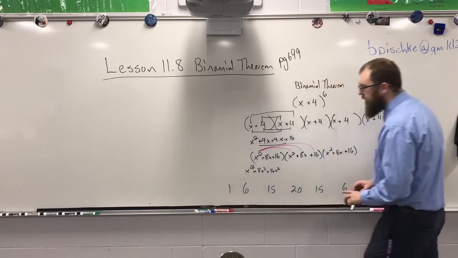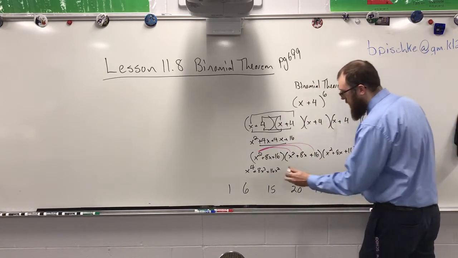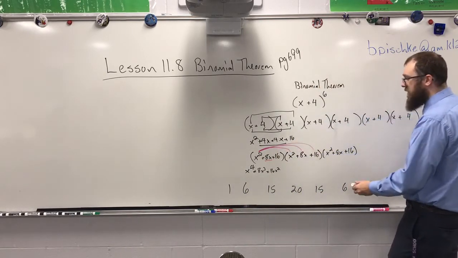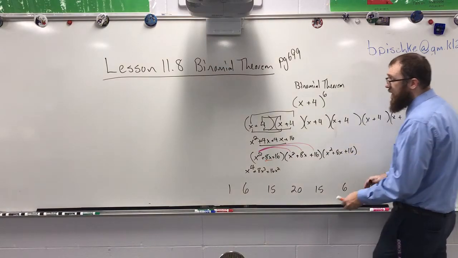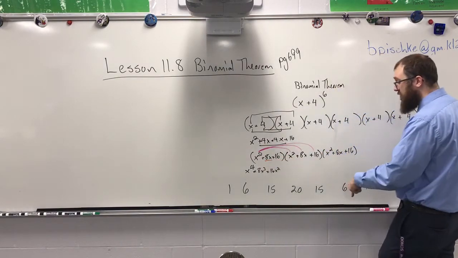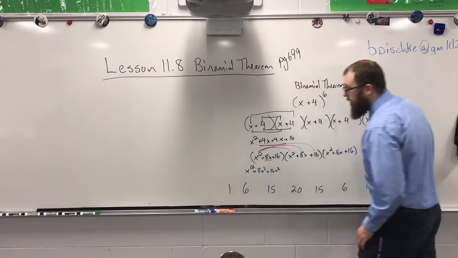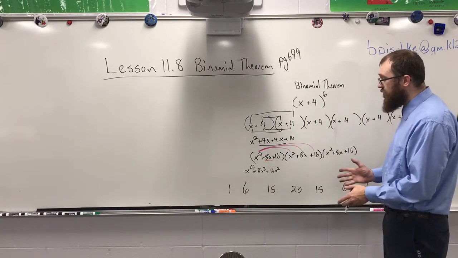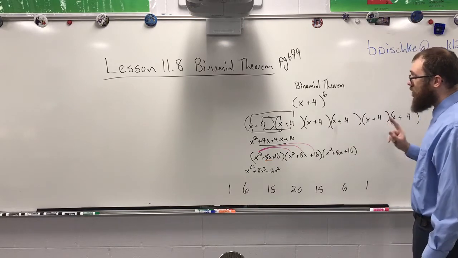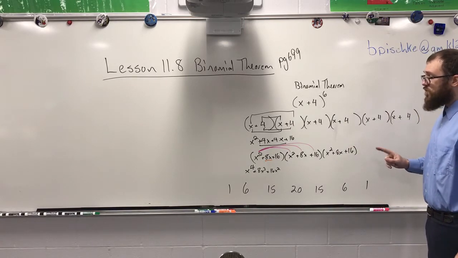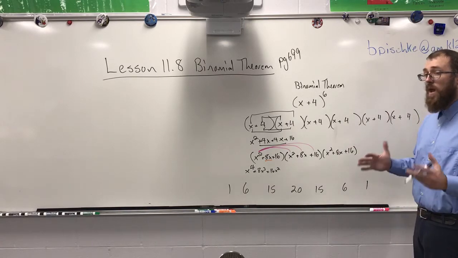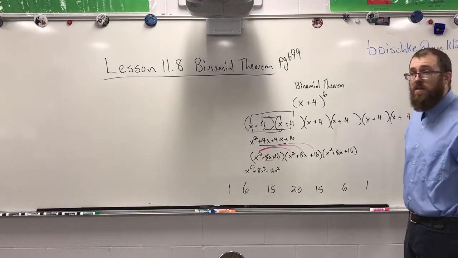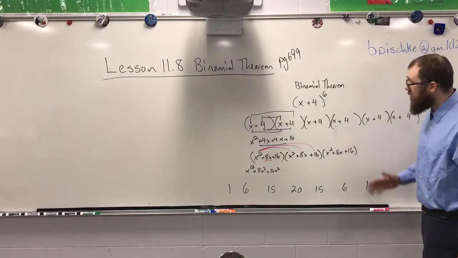Then I would take and distribute in my 8x to everything in the second one. Then I would take and distribute in my 16 to everything in the second one. Then I would have to combine all the like terms to shrink it down to a quadrinomial. You can see that already this problem has become way more work than it originally looked like.